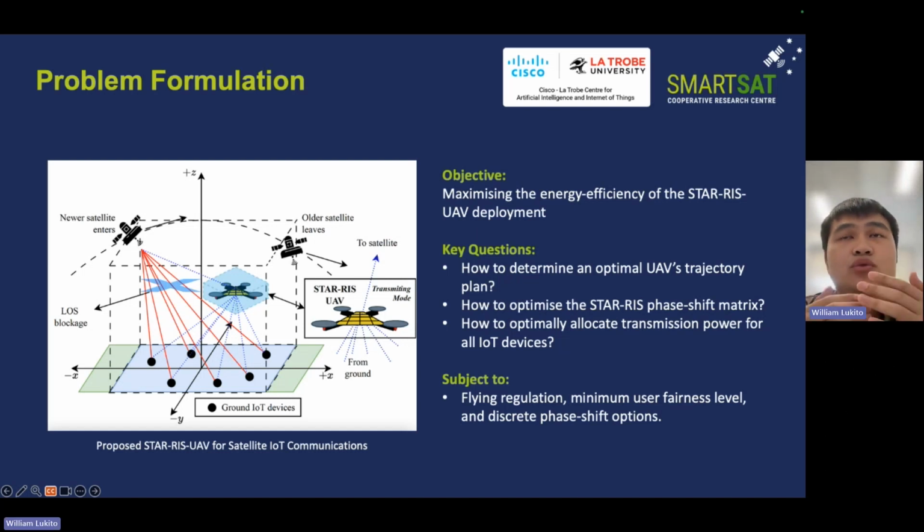We are going to answer these questions by considering several constraints such as flying regulation, minimum user fairness level, and also discrete phase constraint. On the left side of the slide is the proposed STAR-RIS UAV for satellite IoT communications. Basically, we mount a STAR-RIS on top of the UAV.